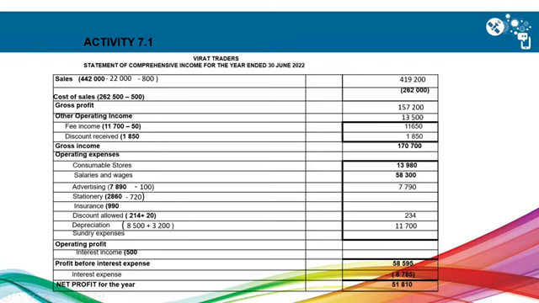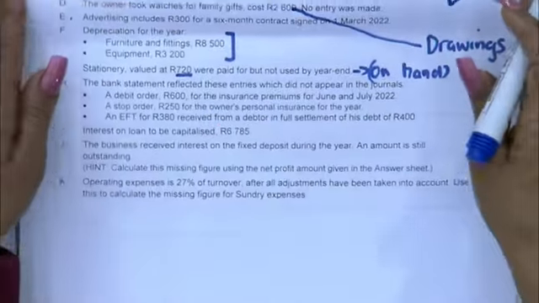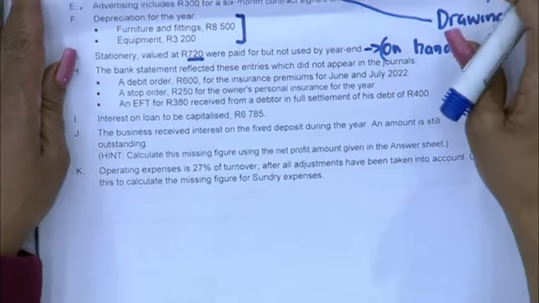Once I do that, remember grade 10s, we don't leave unfinished. We actually come back and we go and fill out the figure over there. So the new amount for my stationery is 2,140. So we have completed G. Allow me to move on.